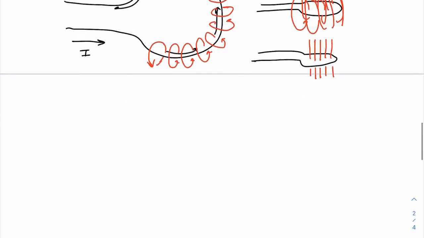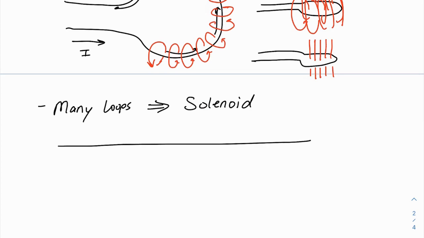Now, if you have many loops of wire, you have something called a solenoid. This is like taking my one long wire, and instead of it physically being linear, I curl it around like a giant slinky, right?